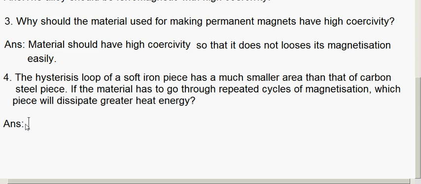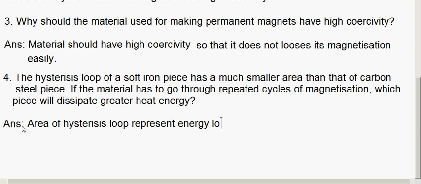So we can write: area of hysteresis loop represents energy lost in each cycle of magnetization and demagnetization.